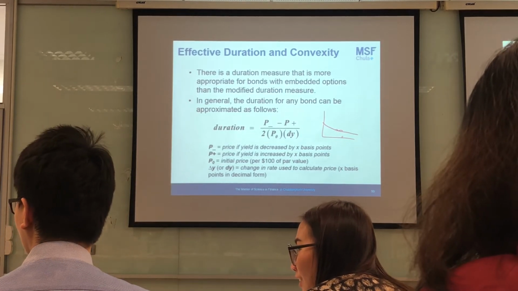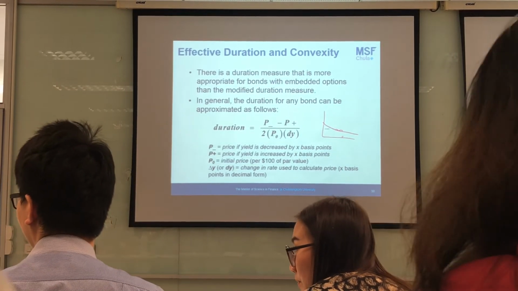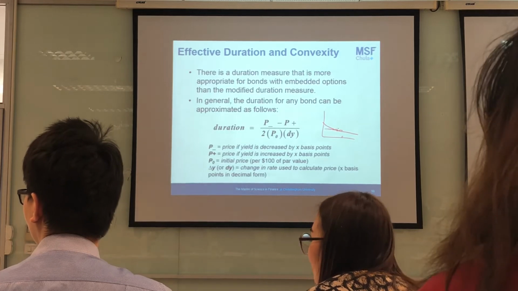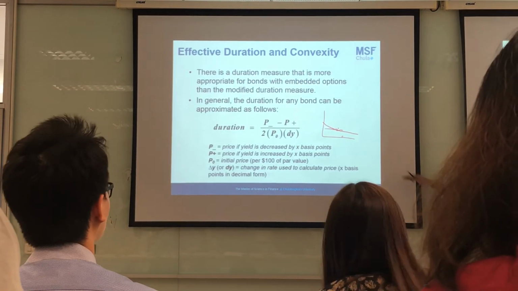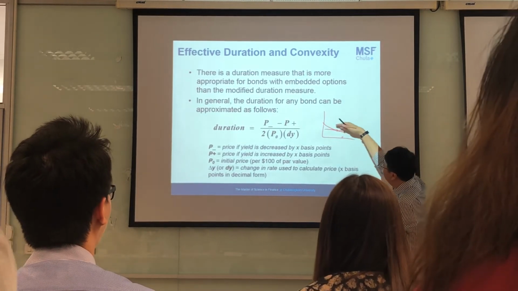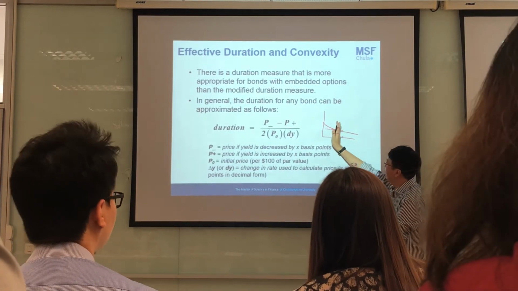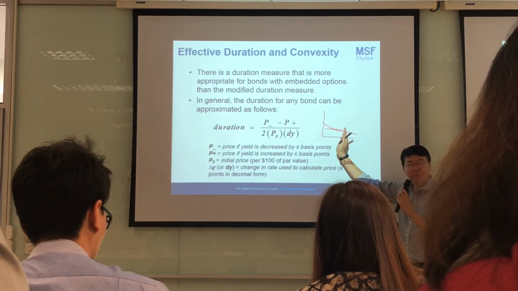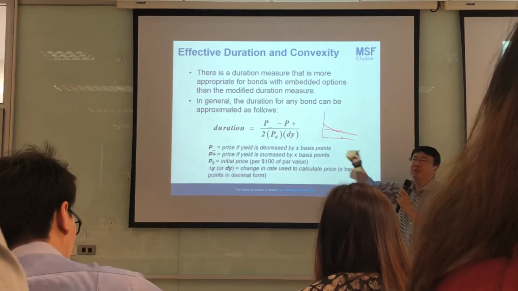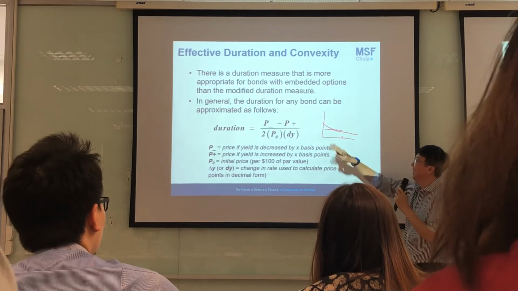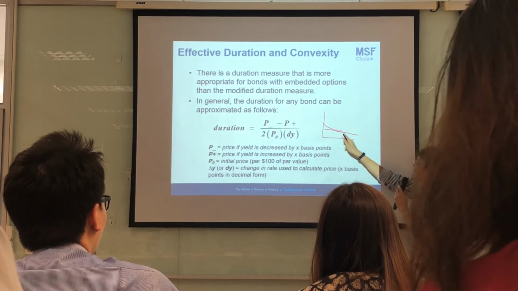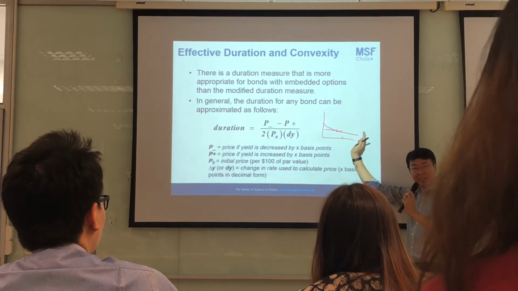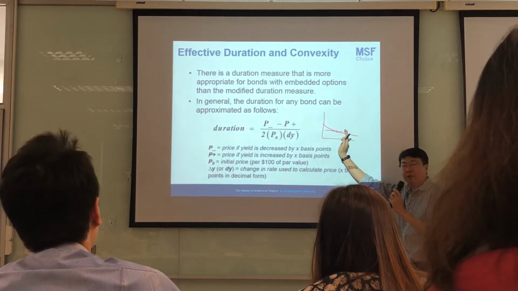Sorry. This is the bond price yield relationship, right? It might be better if you just look at the last lecture. When the yield increases, the bond price decreases, right? For the option-free bond.